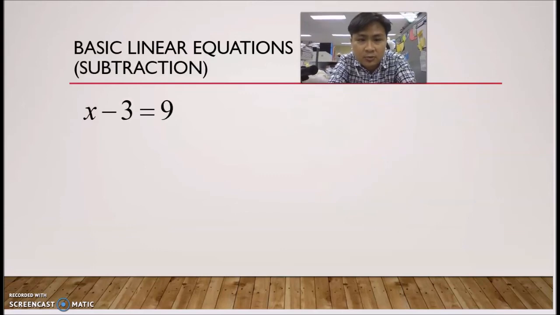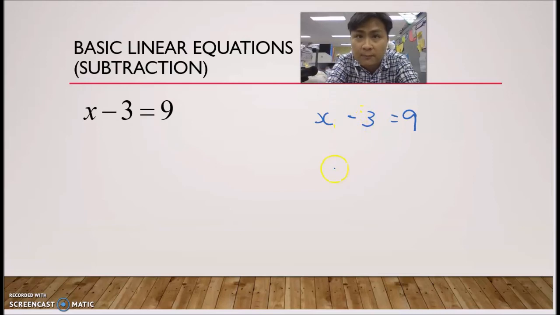Let's move on to a subtraction example. Same thing: we have x minus 3 is equals to 9. Now notice we need to remove the minus 3. By opposite operator, we need to plus 3, because this is minus, and the opposite of minus is plus.